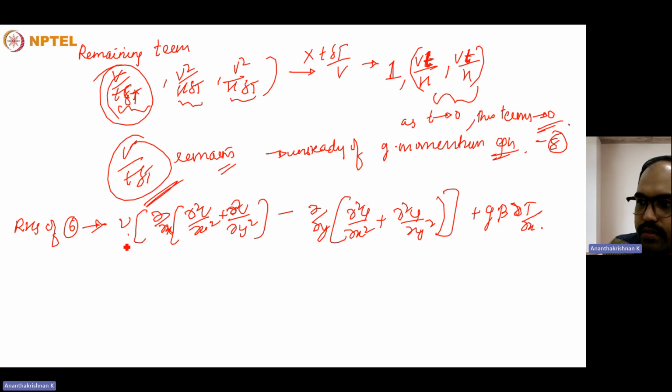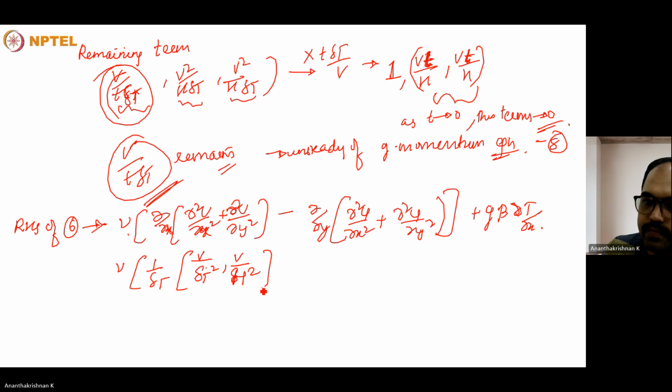So what we could do is look for scaling. It will be nu into x, scaled as delta t into v divided by x squared. So this will be delta t squared v divided by x squared. This will be 1 by h, u by delta t squared, u by h squared.